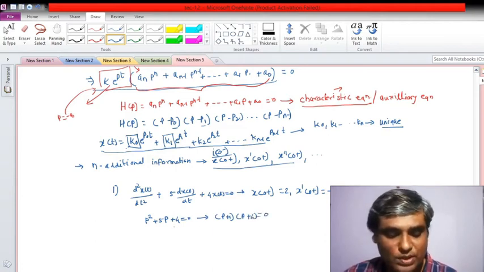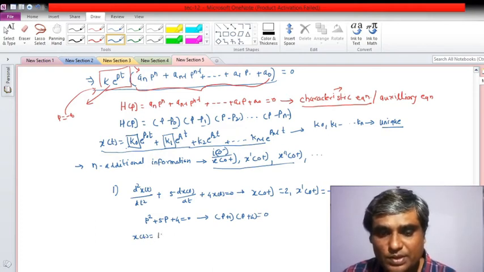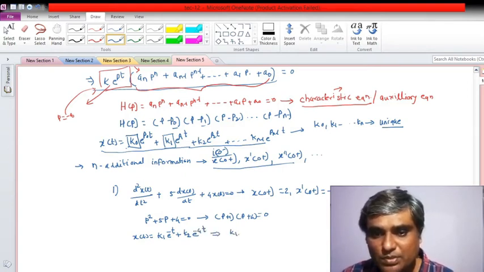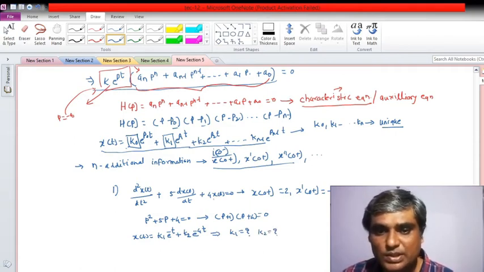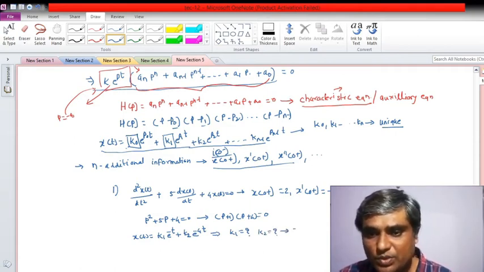From that, the solution of this equation, I can write x(t) will be one constant k1 e raised to minus t plus second constant k2 e raised to minus 4t. Now find out what my k1 and k2 are, and for that the initial condition is given. So let me evaluate this. x(0+) will be equal to k1 plus k2, which is now 2.